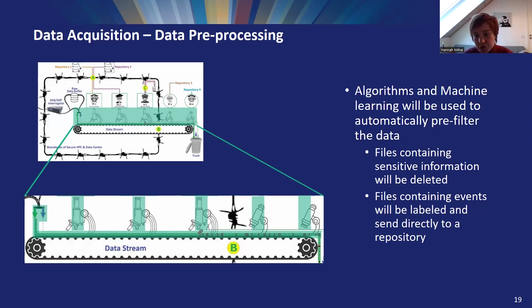As a part of the process, sensitive data may be scrubbed from the stream. That can be military vessels passing over or something like submarine cable cuts that we might not want to make public right away. And data which seem to correlate with certain events, like just regular ships or whales passing over the cable or earthquakes, can be labeled directly and then sent to a repository.